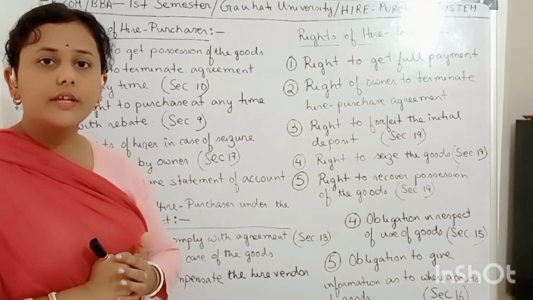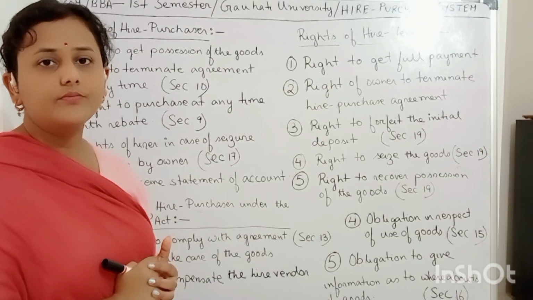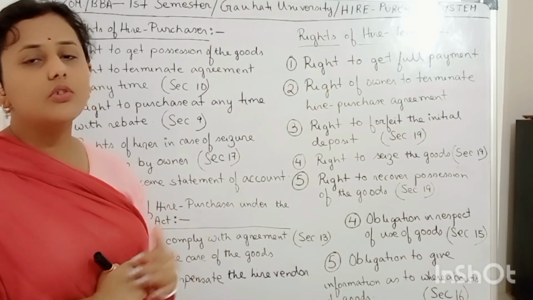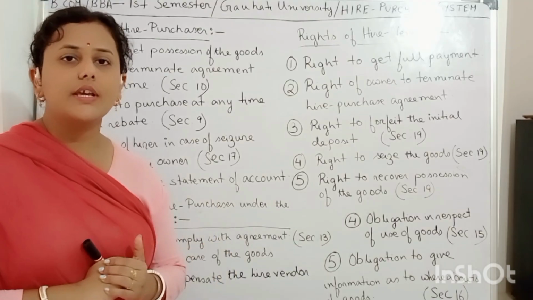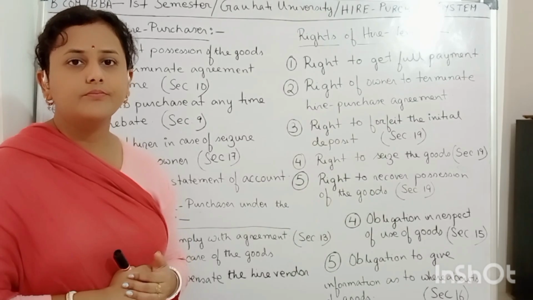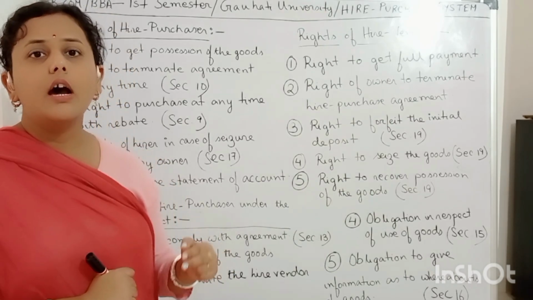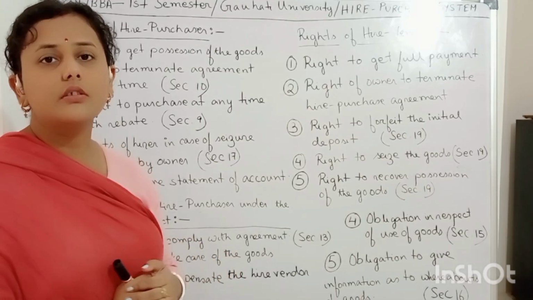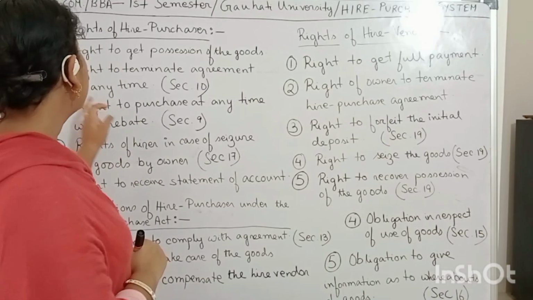But for that he has to give 14 days notice in writing to the owner that he is no longer willing to continue with the hire purchase agreement and wants to terminate it. He can terminate the agreement only after giving not less than 14 days notice to the owner in writing. That is said in point number 2.